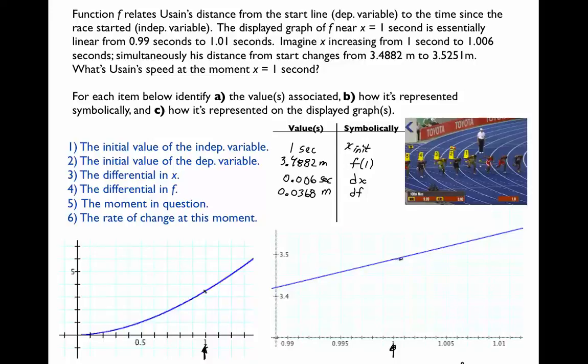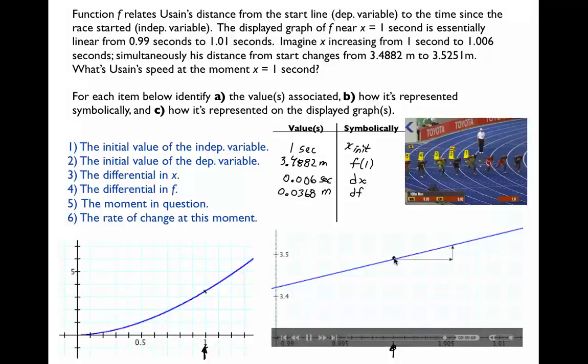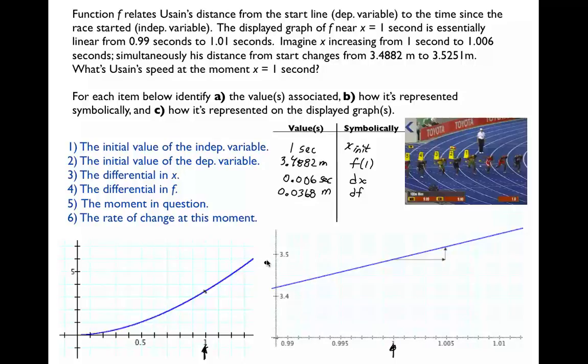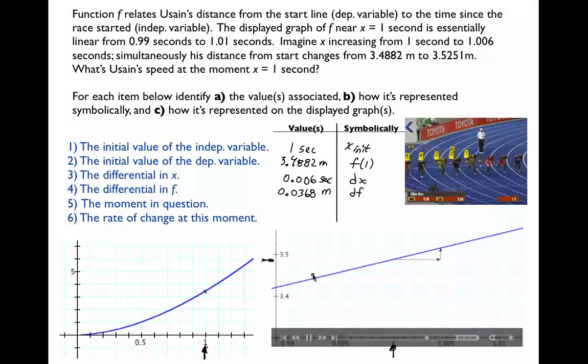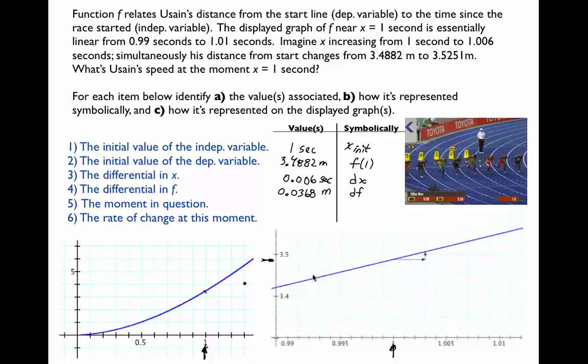Okay, what about the 3.4882? Is it represented right here on the graph? No, that's the correspondence point. Where is the number of meters 3.4882 shown? Over here. That's where we look for how the number 2 is represented.